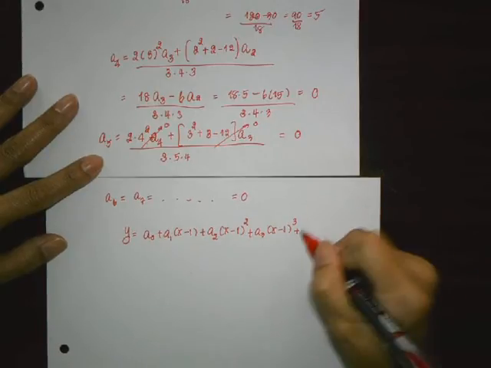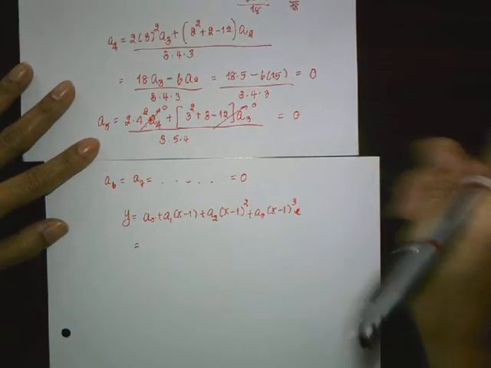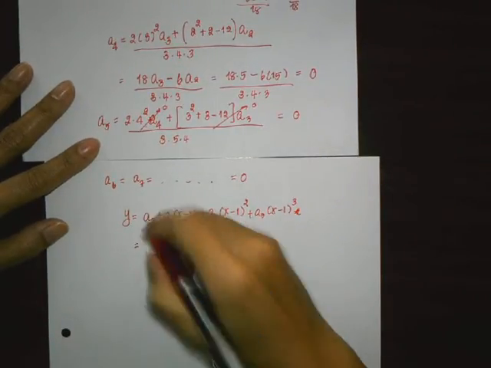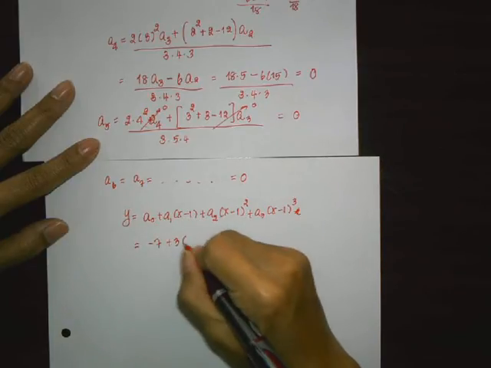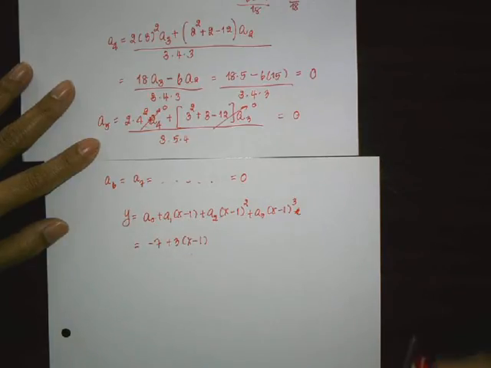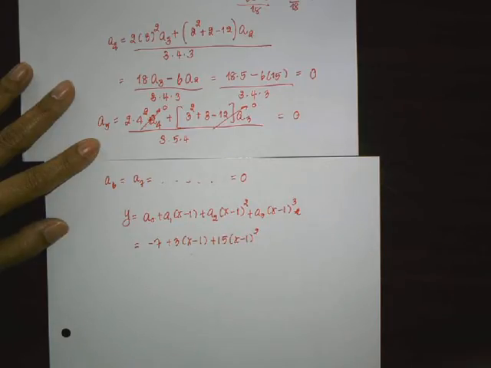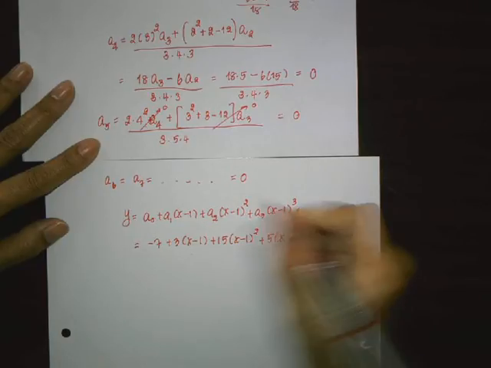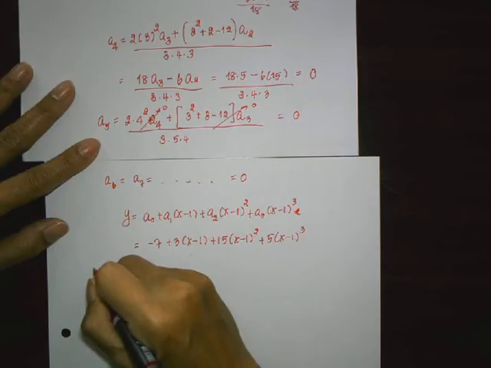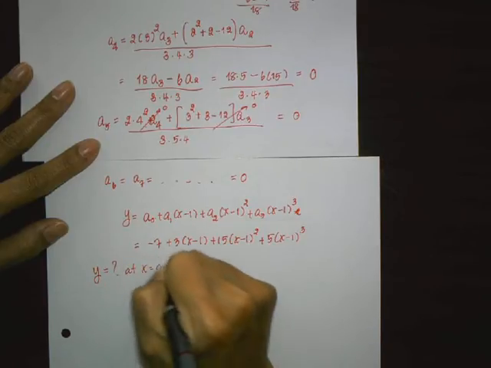Now you have only 4 terms left. And you know that a0 is equal to minus 7, a1 is equal to 3, a2 is equal to 15, and a3 is equal to 5. Now they're asking what would be the value of y at x equal to 0.